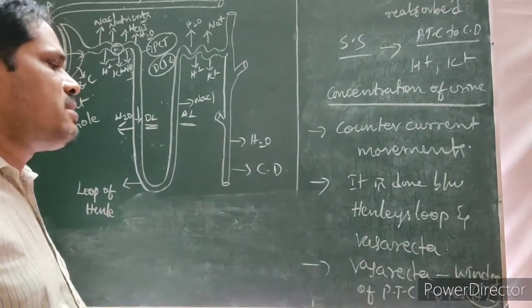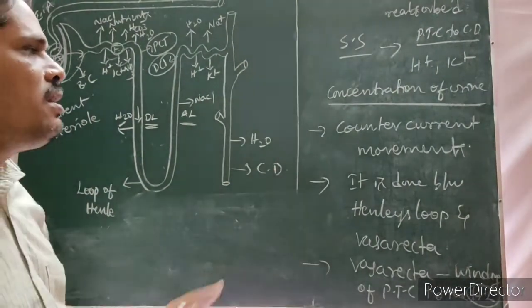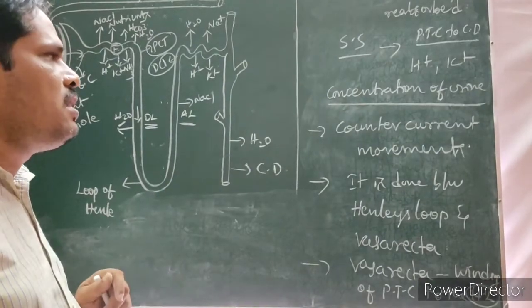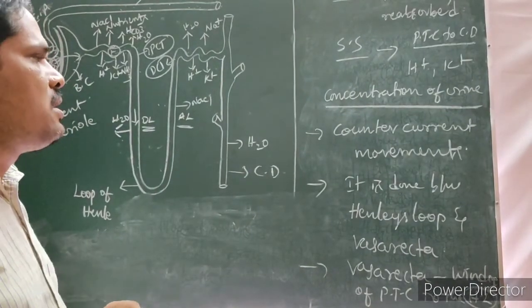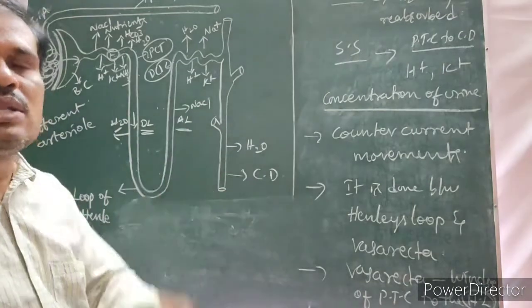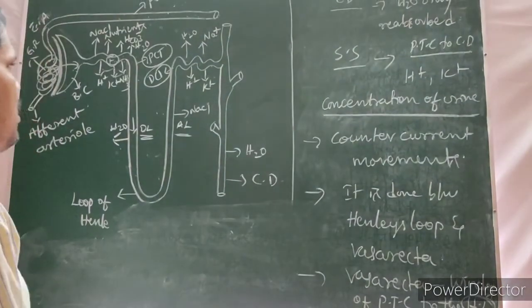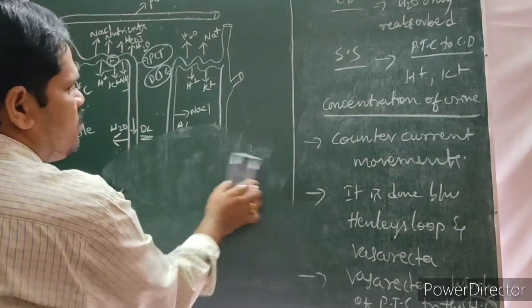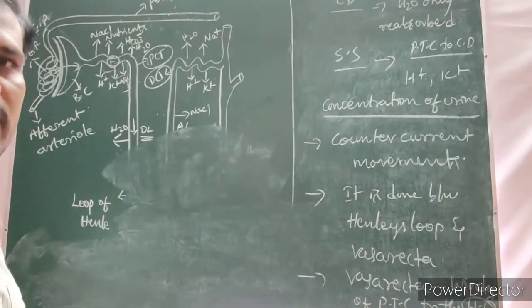That is only called the vasa recta. In between them, counter current movements are done. With the help of the counter current movements, the concentration of the urine is increased. Now, how is it done? We can understand with the help of a small diagram.